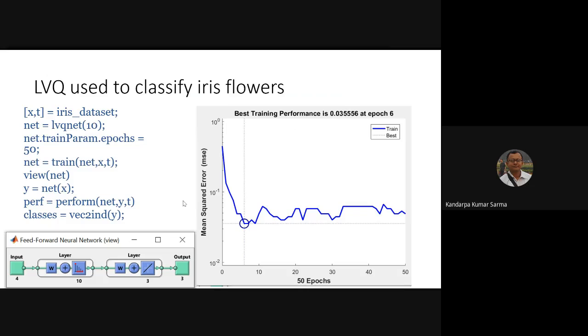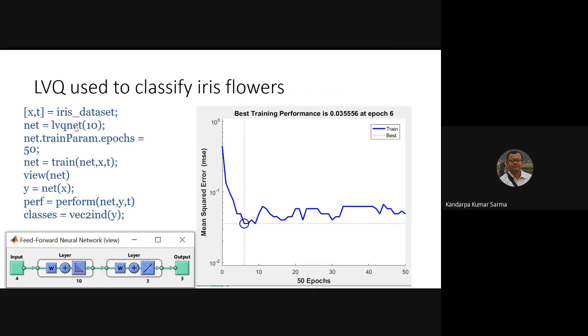Now, if we do a classification, or if we use a data set linked with the iris of flowers, that can be used to do a classification of the iris flowers. So here we take the data set, and then we generate a learning vector quantization network with 10 neurons in the middle layer.